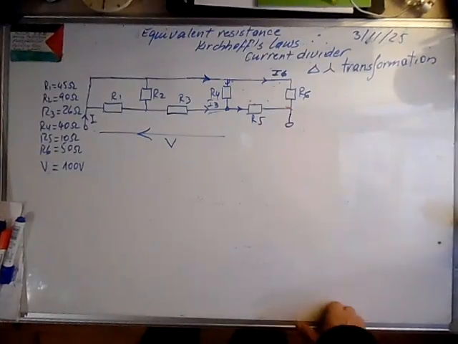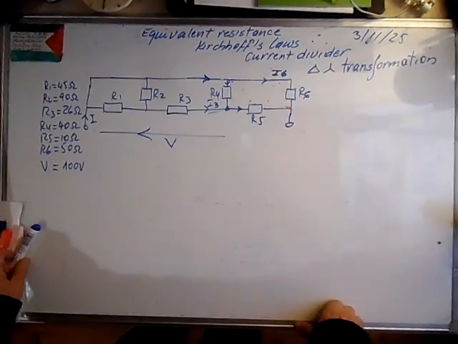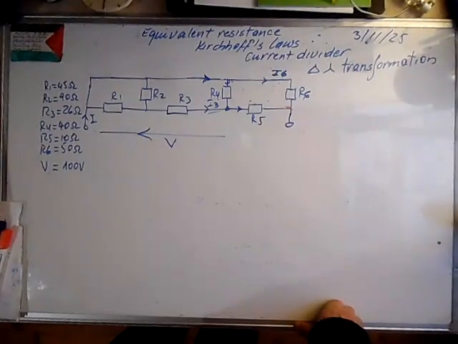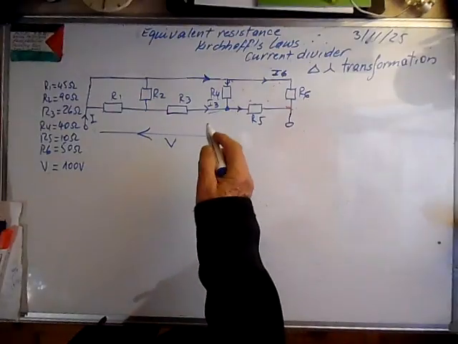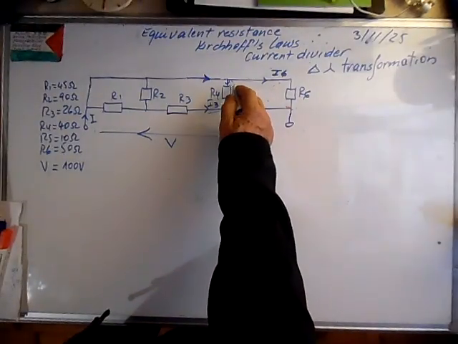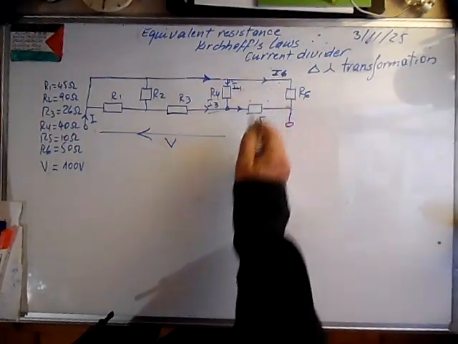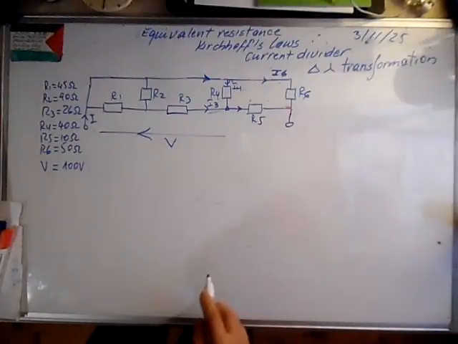Good morning. Suppose we have a circuit like this and we have to calculate the currents in the branches of this circuit. Here we call it I4, here I6, I5.